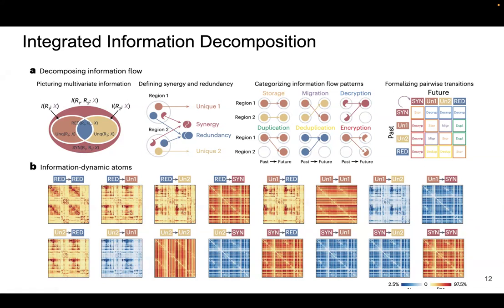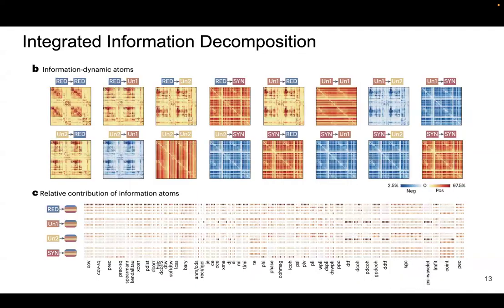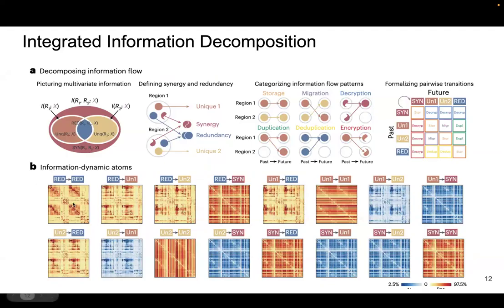It's like one of the last thoughts. This framework, as I understand, allows you to categorize the information you have in different sets of data. What kind of information is shared between them, what is the unique information to one data or region, what is it to another, and what you can tell when you connect them together, the synergy information.